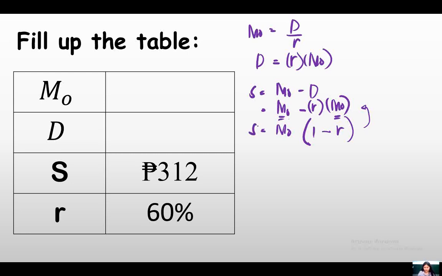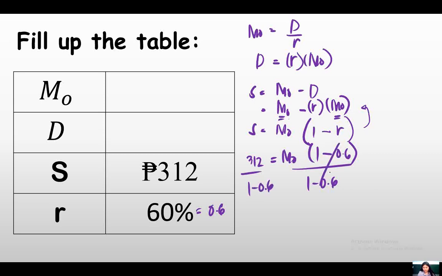Okay? So, now we can get, kasi we already have the value for the selling price and the rate. We can get the cost price. Our selling price is 312 pesos. Then 1 minus 60% is equal to 0.6. Okay? Then divide both sides by 1 minus 0.6. This one cancels.